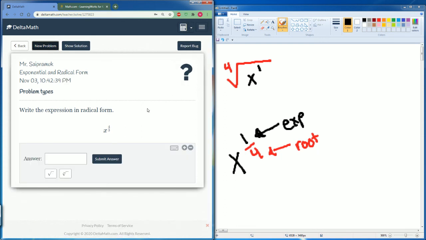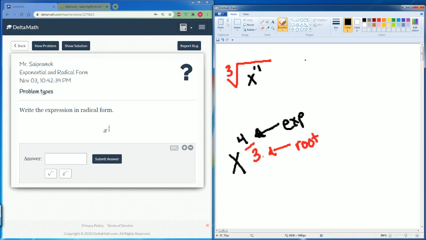All right, we can do something like this now. The root now is a radical 3. So we saw it's x to the 3 here. So this is a 3. And we saw that the exponent is a 4.